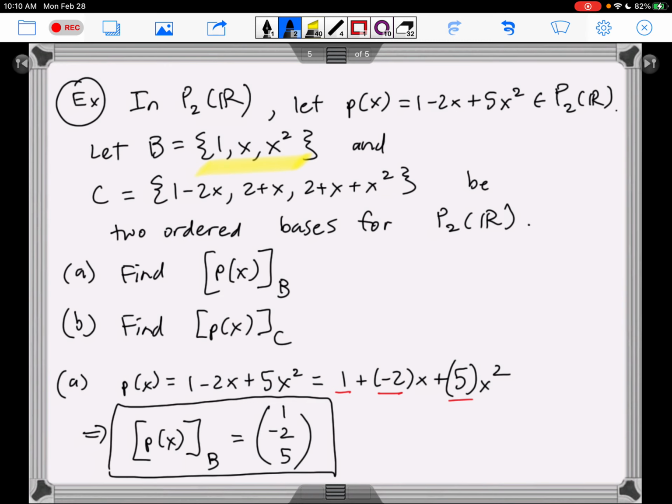Now, of course, part B is the harder one. We want to find p(x) relative to this basis. In other words, we need to find the linear combination that makes those basis elements add up to our polynomial, right? Okay, so let's do part B now.